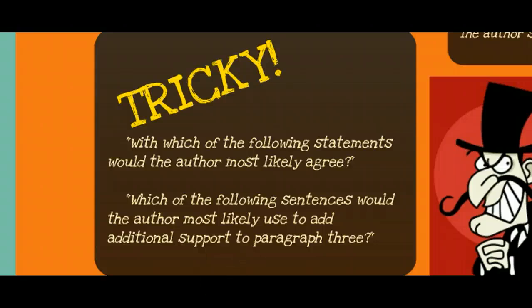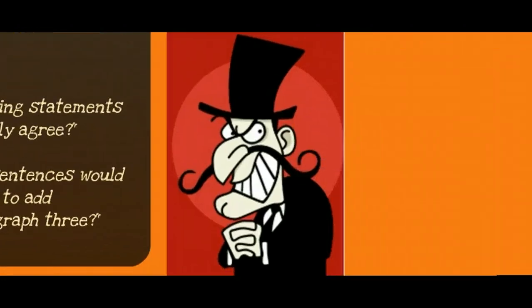So while these don't come right out and say imply, infer, suggest, we can tell that they're asking us to do the same type of thing. To go back, look in the text, and base our answer off of some details in the text. That is an inference. And even when they try to get tricky on you, you should be able to figure out whether or not they're asking you to make an inference.